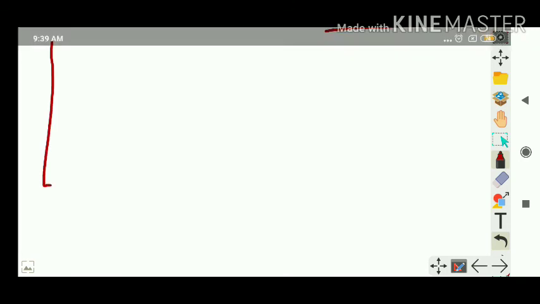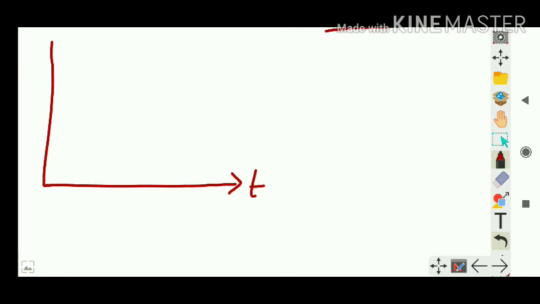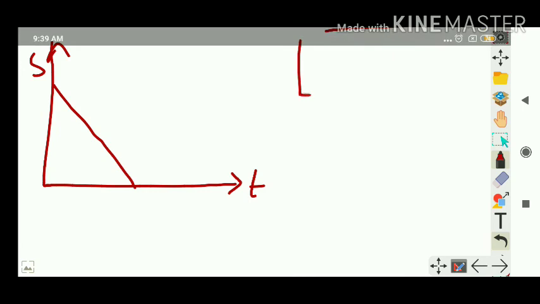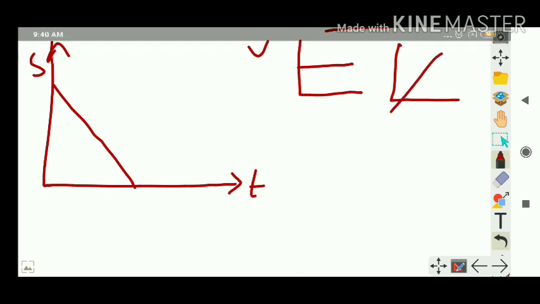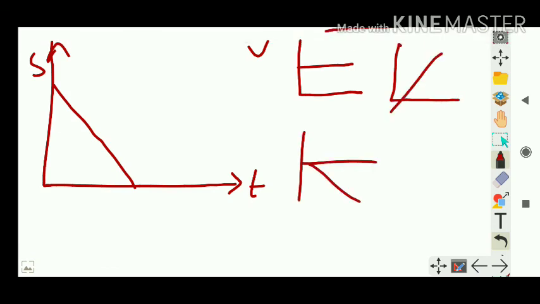Suppose this is my displacement time graph, right? And the graph is like this, right? And you are given 4 options for the velocity time graph equivalent for this. Okay, velocity time graph. I'm not going to write the axis. All right, so out of this, sorry, let's change this one.